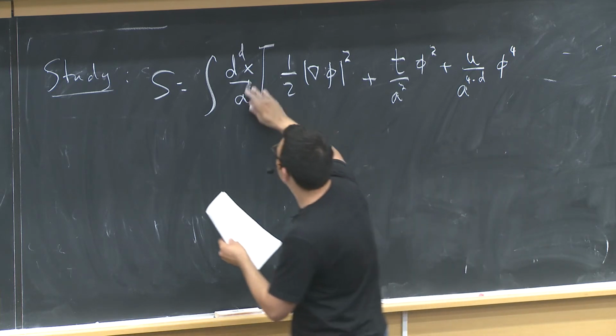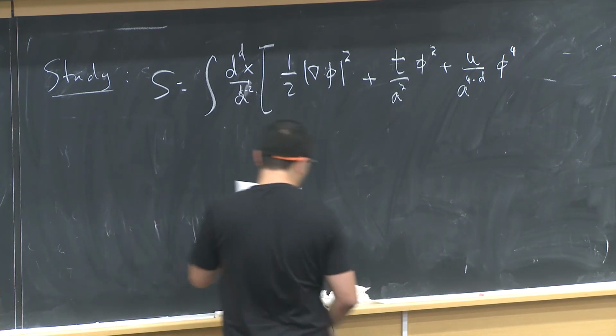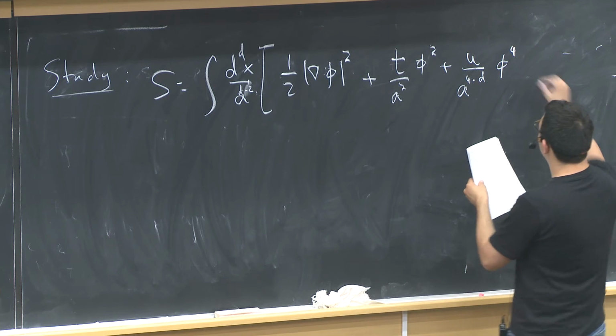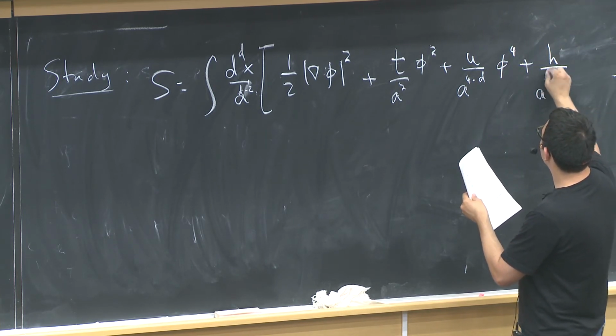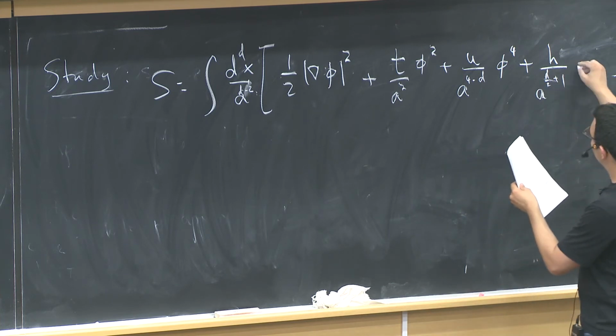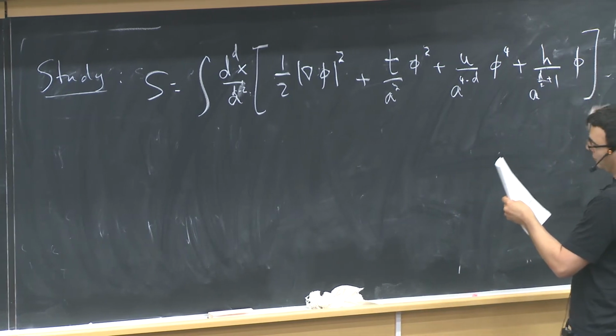I'll explain where these numbers come from in a second. Plus h divided by a to the d over 2 plus 1 times phi. Okay?